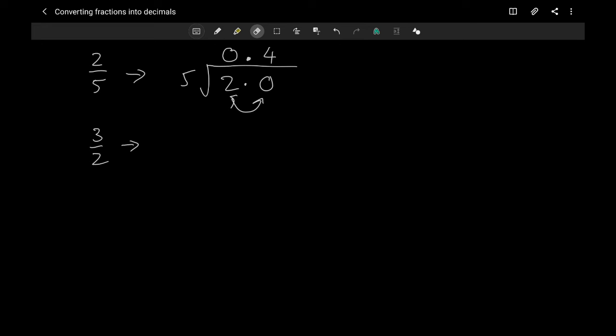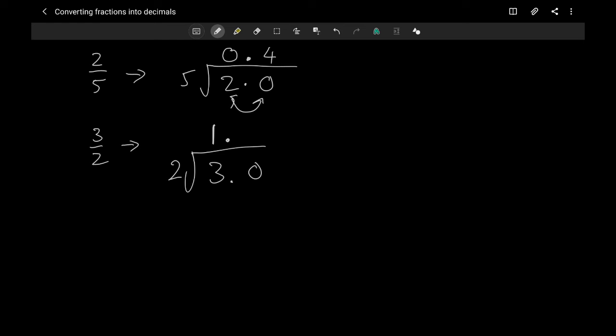So what happens when we have an improper fraction such as 3/2? Well, we know that 3/2 is asking us how many 2's go into 3. So we write 3 as 3.0. So how many 2's go into 3? 1.